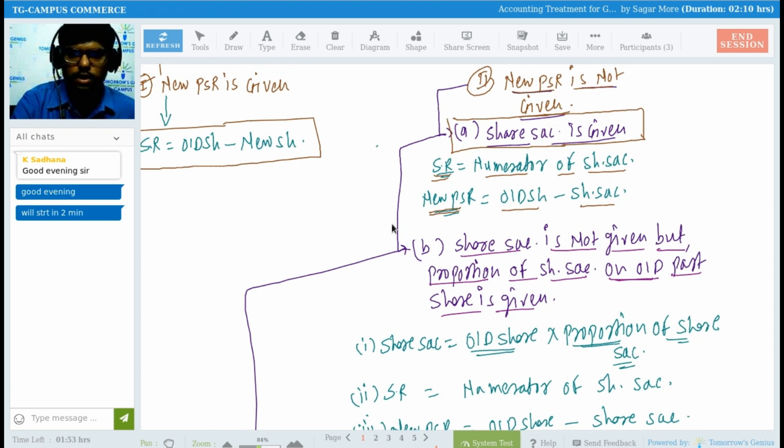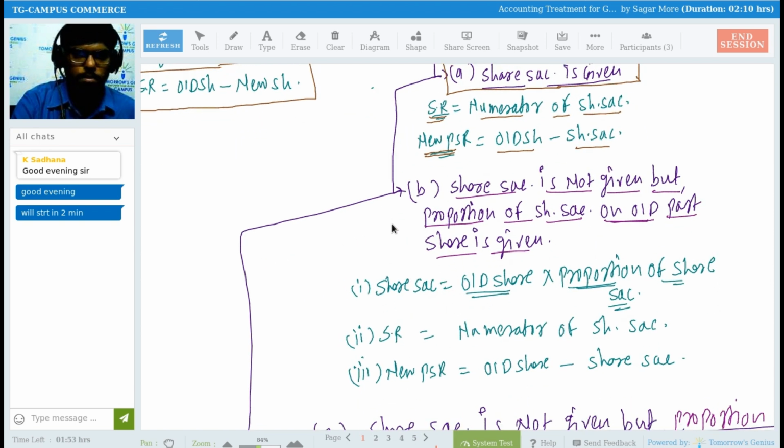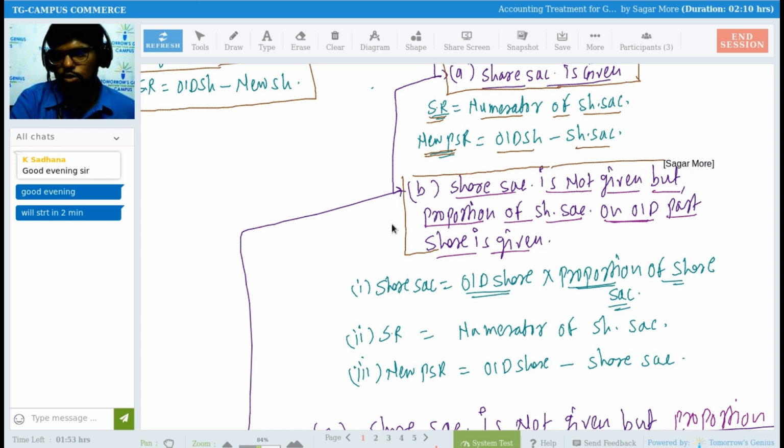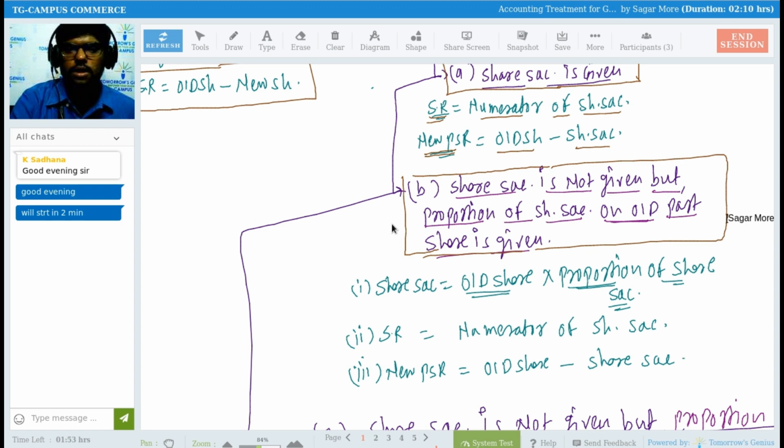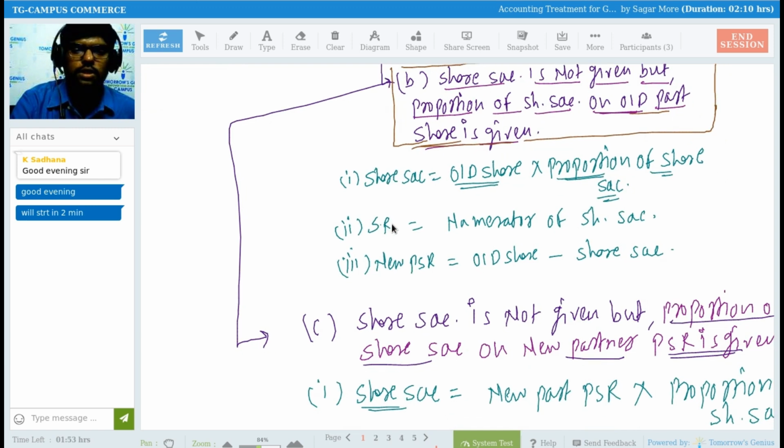Then if new PSR is not given, second B case. See this B case. Share sacrifice is not given, but proportion of share sacrifice on old partner share is given. If it is given, then we have to use this formula.